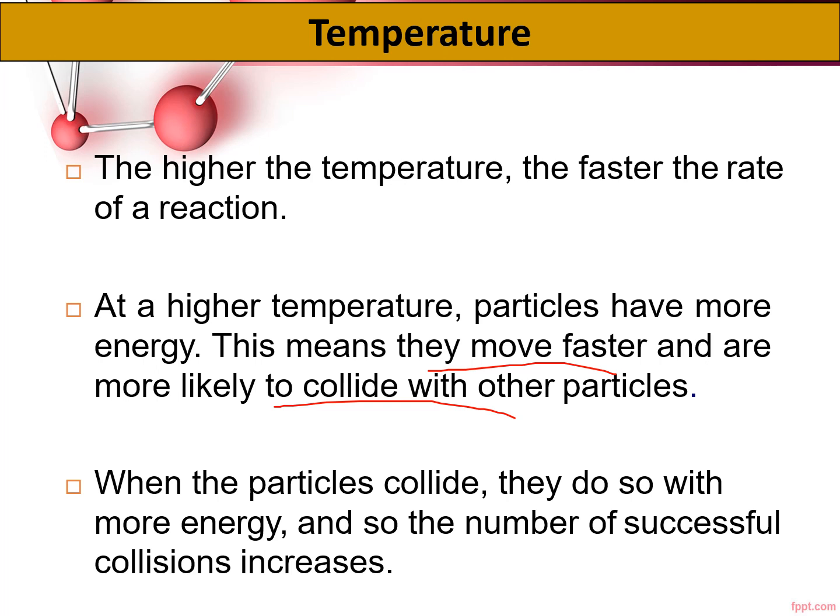When the particles collide, they do so with more energy, so the number of successful collisions will be increased. Thus, the reaction will be faster. So once you increase the temperature, particles will have more energy, they will move faster, they will collide with each other, and the number of successful collisions will be increased. So the rate of reaction will be faster.